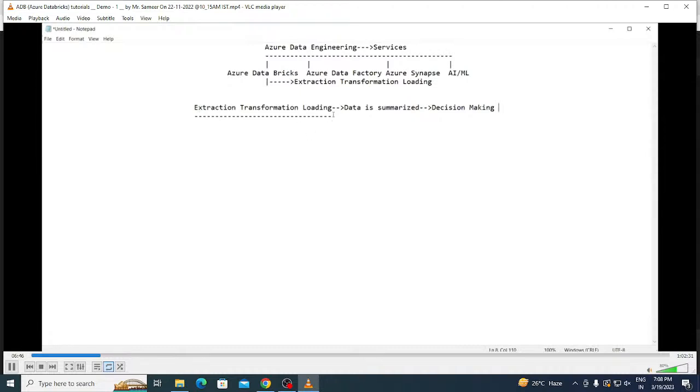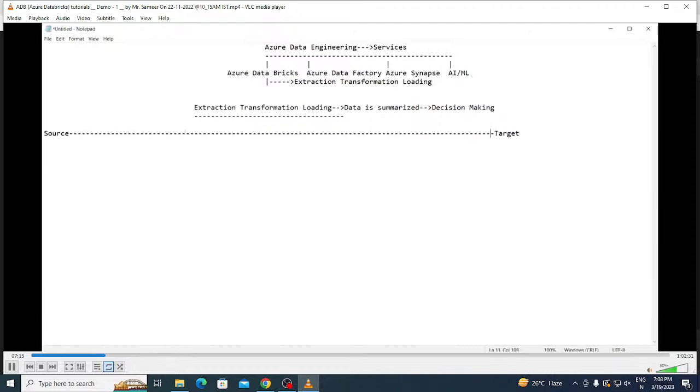This process of extraction, transformation, and loading basically requires the following: a source, and the next one it requires is a target.